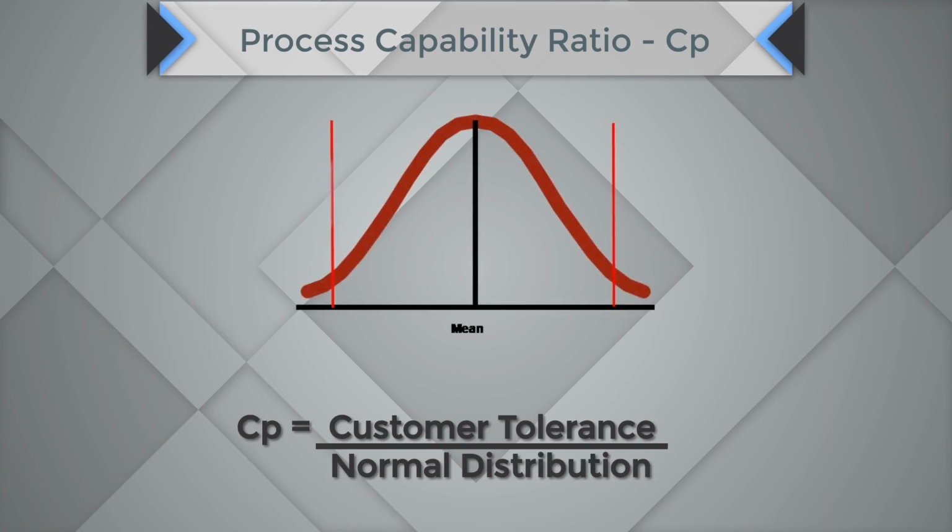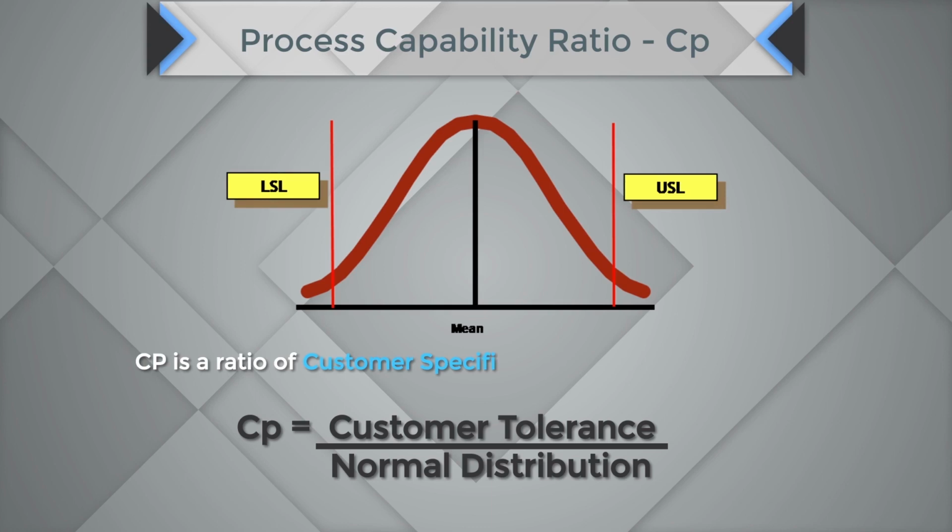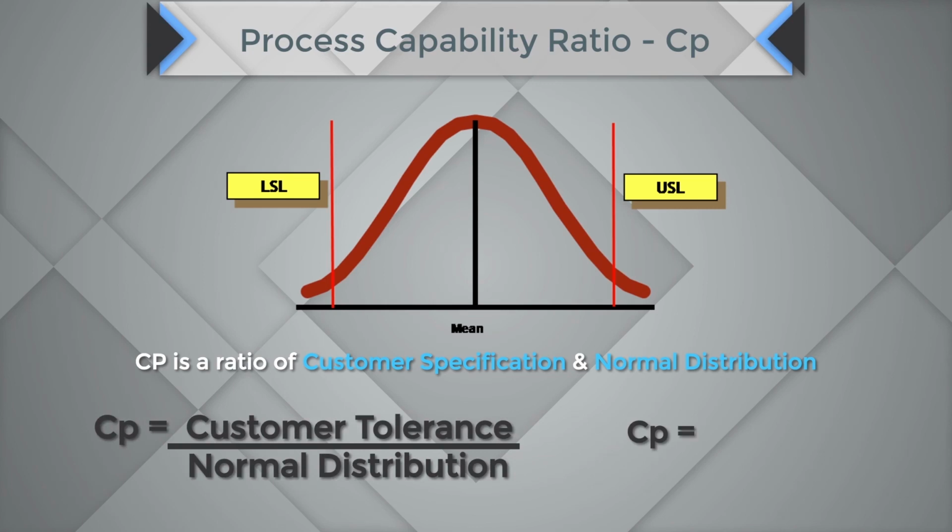So if I have a known USL and LSL, Cp is nothing but the ratio of the customer specification, which is USL minus the LSL, and the normal distribution curve, which is nothing but 6 times the standard deviation. So my Cp essentially will use the formula USL minus the LSL upon 6 times the standard deviation.